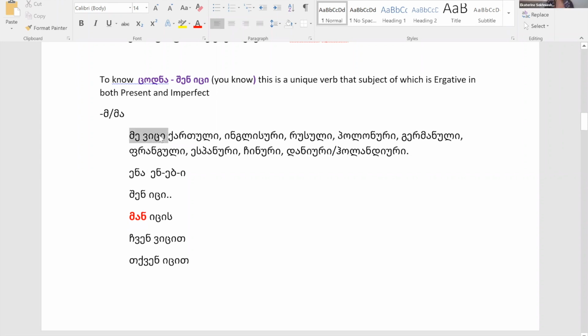This is the form that we need to activate now. Me vitsi, okay? So you're not asking me what he speaks, you're asking me what I know. Yes, I'm asking you. Ra, okay. Me vitsi.